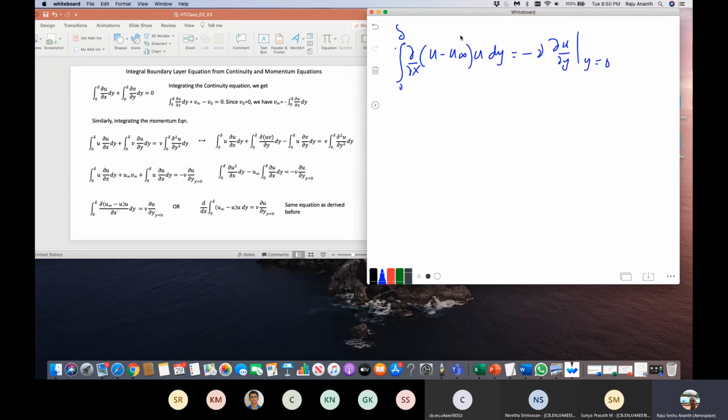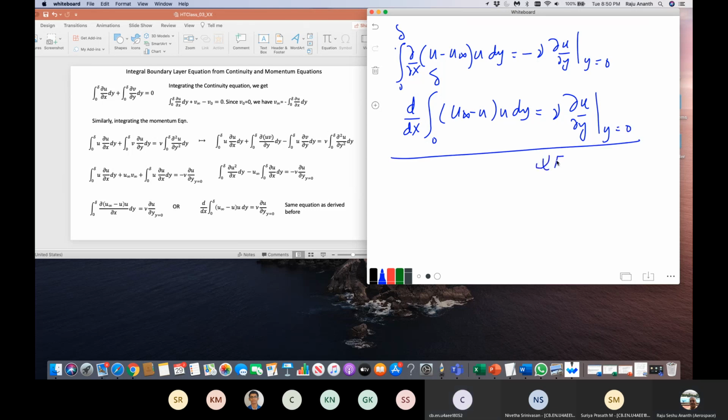I can bring the total derivative outside because when you integrate out, you will only get a function of x. So I can bring the differentiation outside. Because of the negative sign, it becomes positive here. So that's it, QED. We used the continuity equation and the momentum equation and got this one.